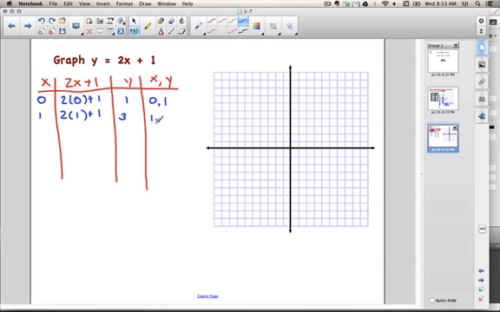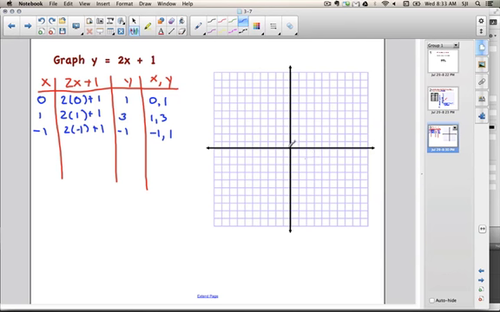So it's going to be 1, 3. And the last one I'm going to do is -1. So 2 times -1 plus 1. 2 times -1 is -2, plus 1 is going to be -1. So -1, -1.